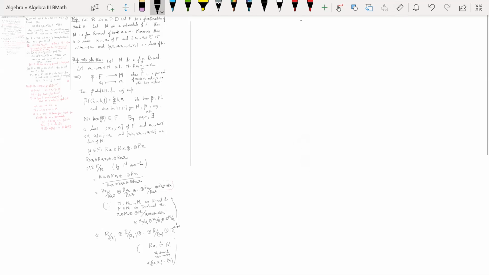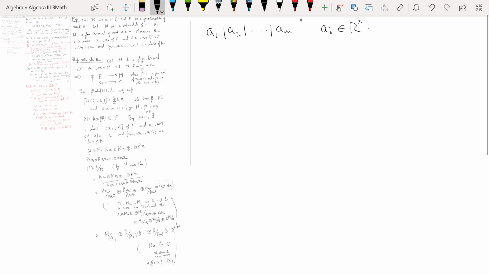So A1 divides A2 divides AM is given. The AIs belong to R and are non-zero. Some of them may be units. If AM is a unit, that tells you that all of them must be units, because all the other things divide it.